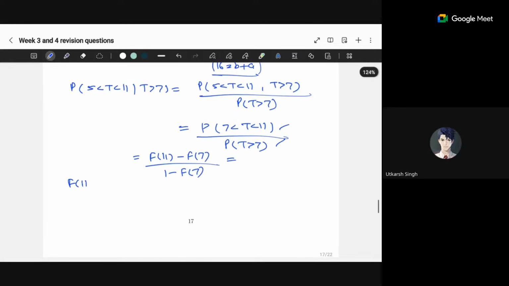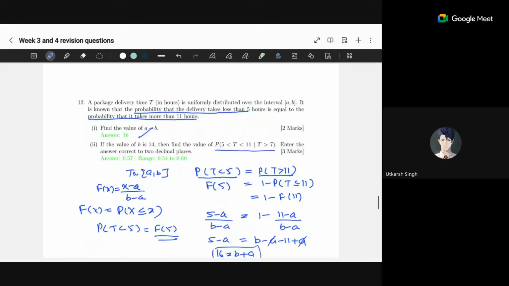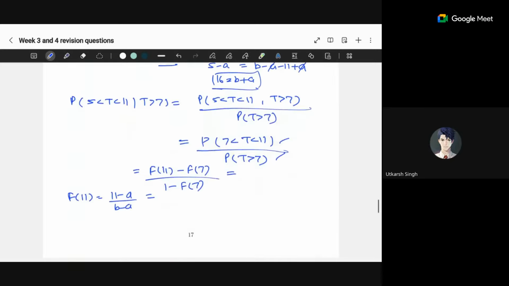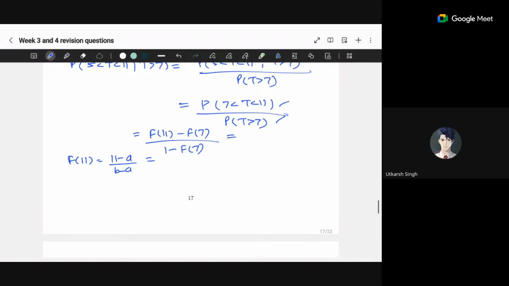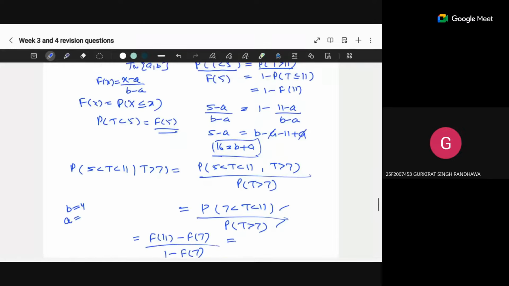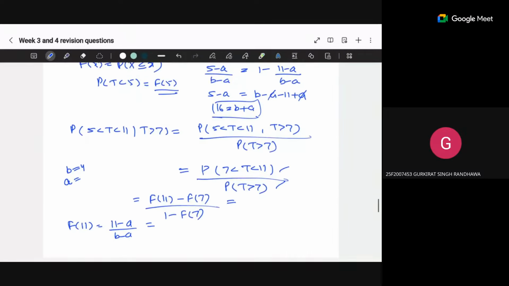F of 11 is (11 minus a) upon (b minus a). It is given that b is 14.